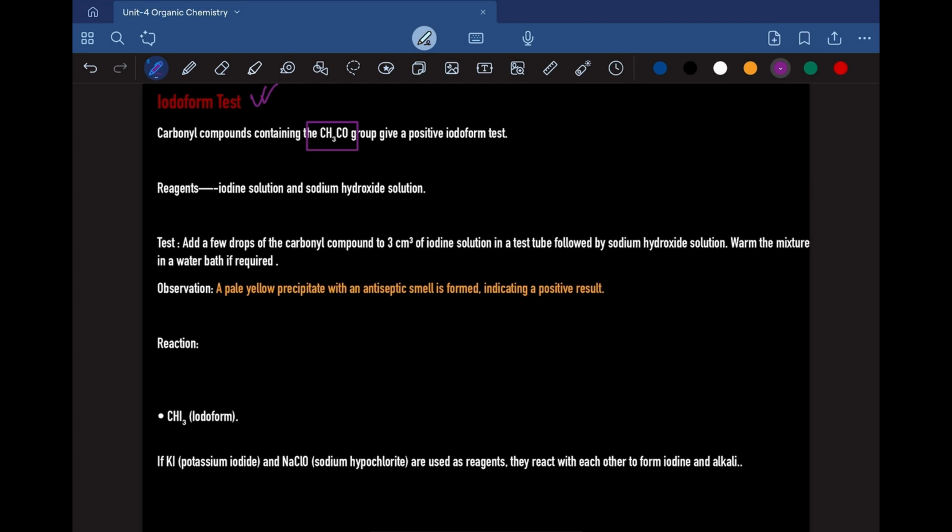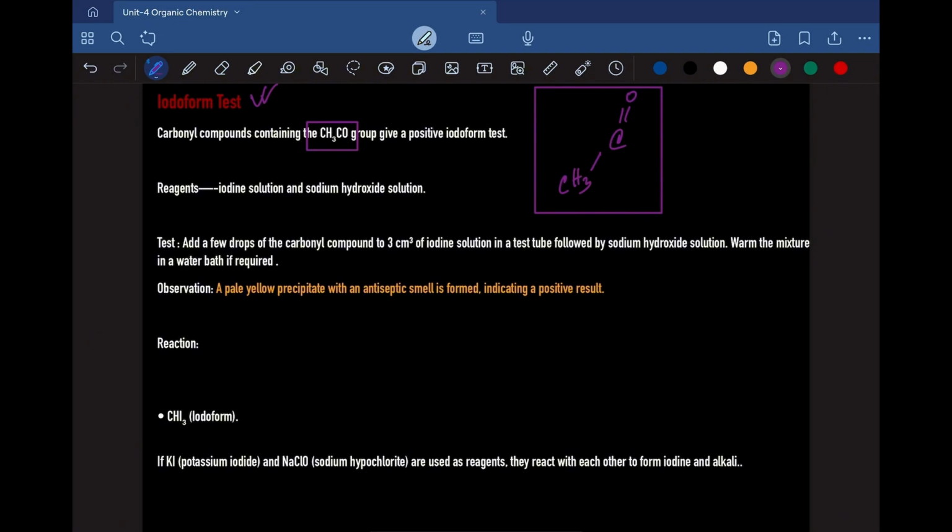CH3CO. So that means the carbon atom will be double bonded with oxygen, and it will have a methyl group with it. So basically, the iodoform test means only the carbonyl compounds which have this configuration will give a positive iodoform test.